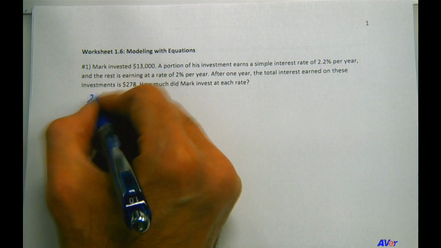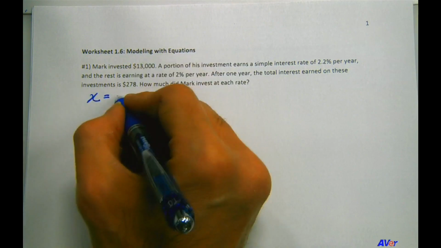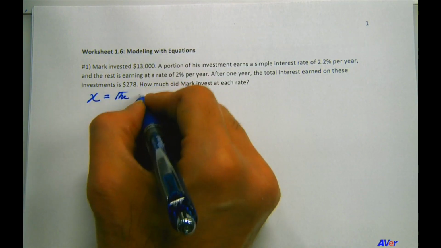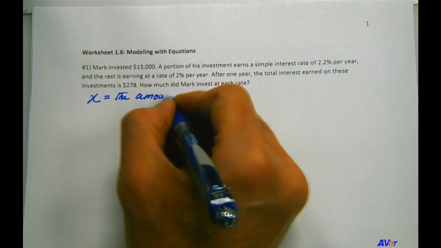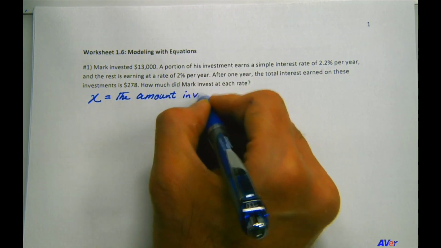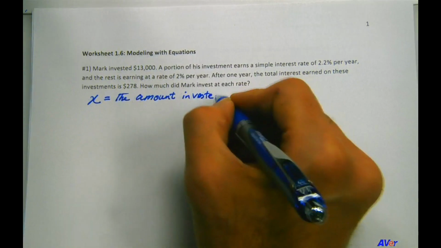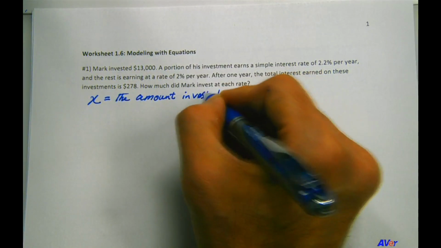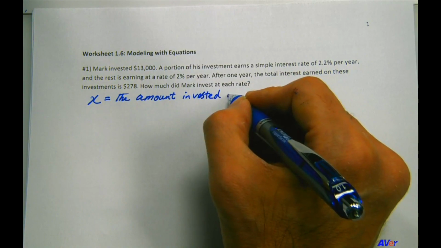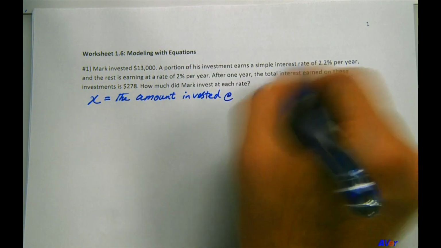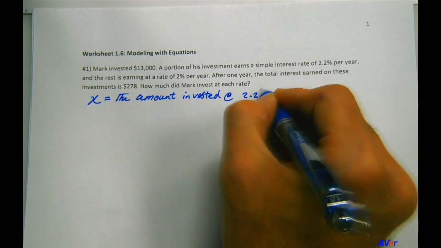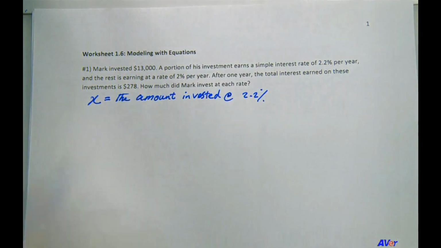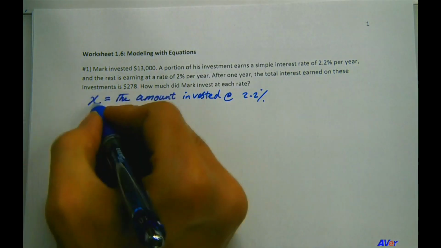So let's say that X represents the amount invested at, let's say, 2.2%. Okay? Once we assign variables, then we are able to manipulate this information mathematically. So that's the first step: organize the information in symbolic form.